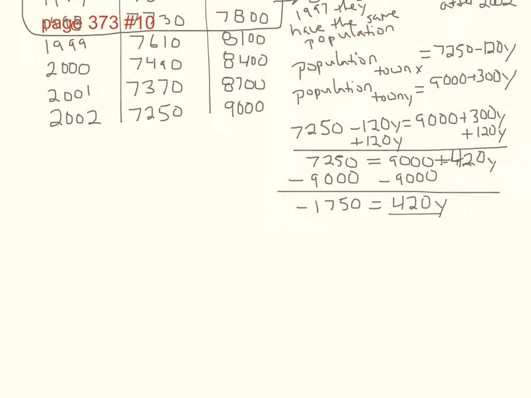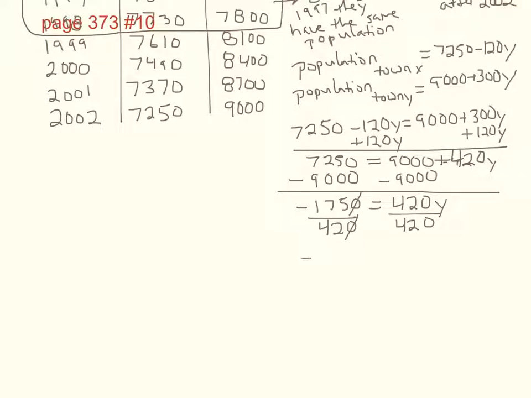We can divide both sides by 420. So we can factor a 10 out of the top and the bottom, and so those cancel out. Let's see, negative 175 would be 7 times 25.